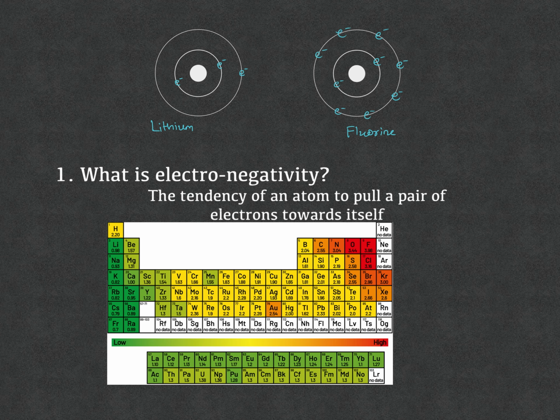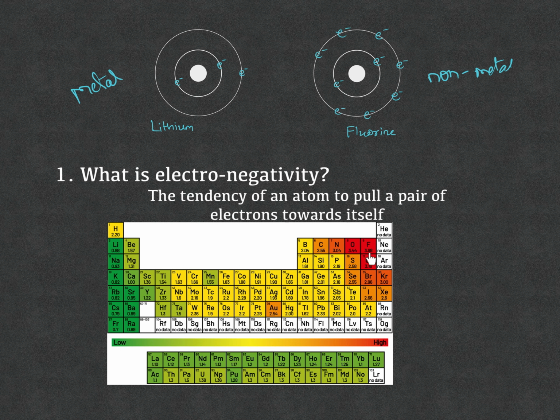So now let us take an example of the two elements that you see on the slide over here. You have lithium and you have fluorine. Lithium, as we know, is a metal, and fluorine is a non-metal. So let's find these two elements on the periodic table.